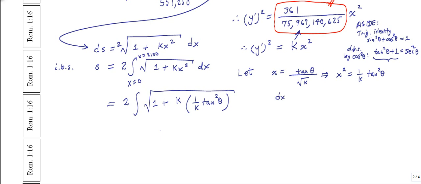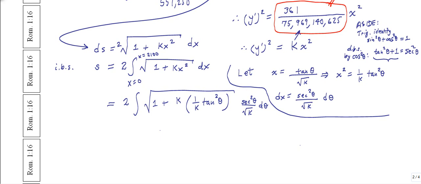This is one of those things that we said from an earlier video you should memorize: the derivative of tangent theta is secant squared theta, and we have that root k on the bottom, d theta. So in the place of dx, we have secant squared theta over root k times d theta. Okay, so let me separate these two out.